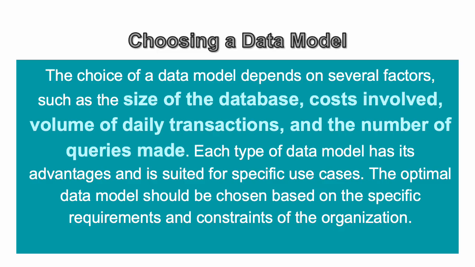And then you need to know the number of queries made, so how often the data is accessed or searched. Different types of data models, the ways to structure the database, are better for different situations. So the best data model for you will depend on your specific needs and limits.